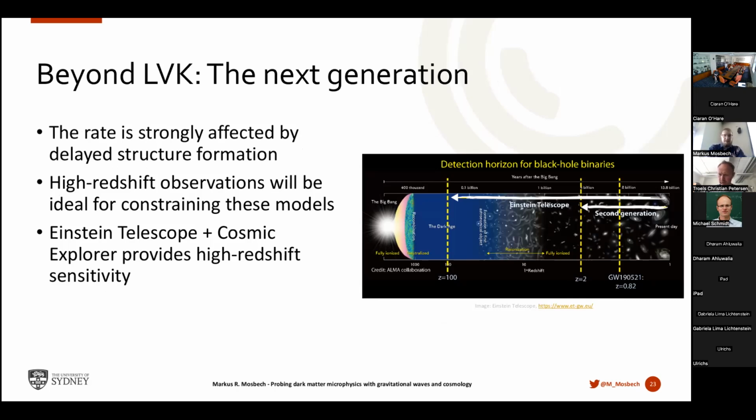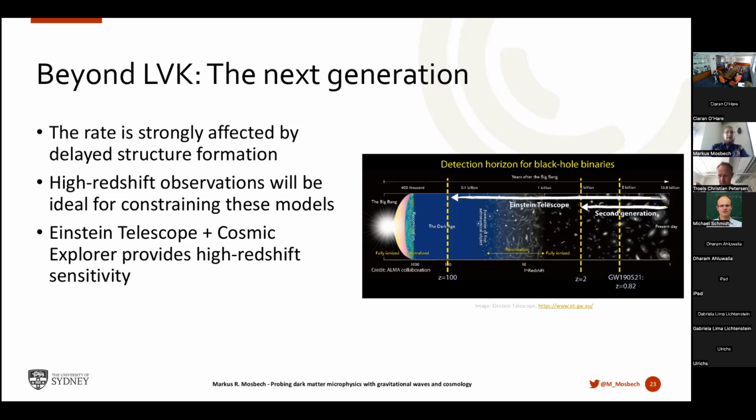The sensitivity of the next generation, Einstein Telescope and Cosmic Explorer, would be able to measure this type of merger up to a z of 100, well before you would expect any of these black holes to even exist. So essentially, they would let us measure every single stellar black hole merger in the universe, which is pretty cool.